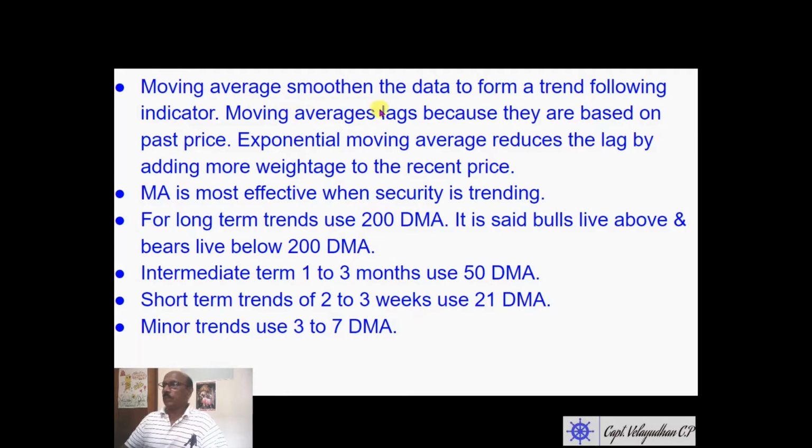Moving averages smoothen the data to form a trend following indicator. Moving average works only when there is a trend. If there is no trend, it has no meaning. It gives more failure trades.